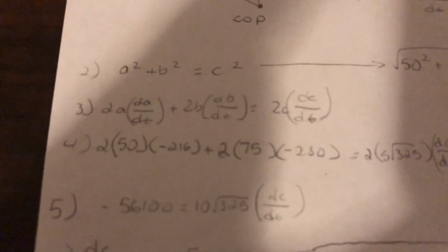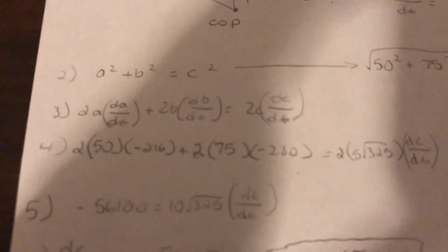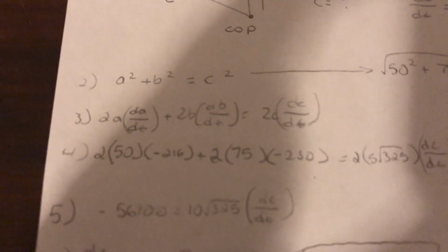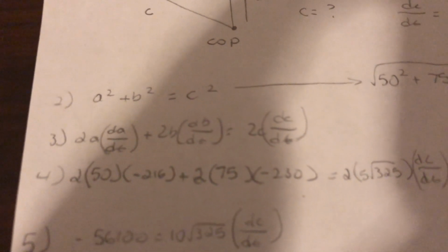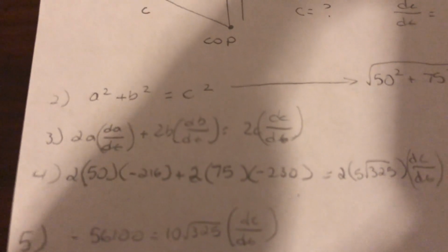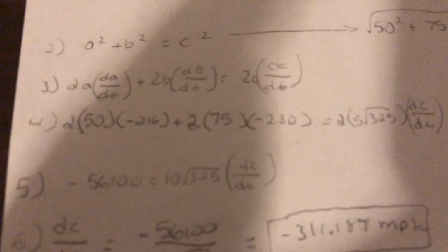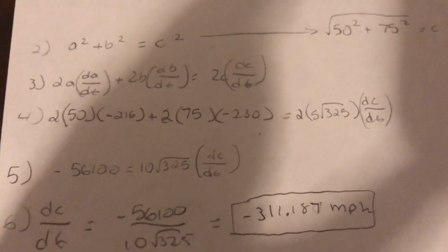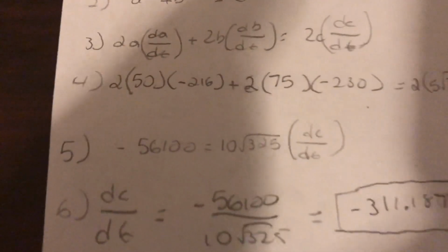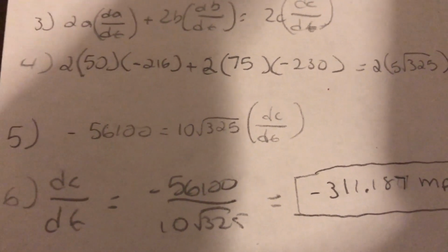So then we move on over here, and as you can see, I derived the equation. So what we have is 2a times dA over dt plus 2b times dB over dt is equal to 2c times dC over dt. When you plug everything in and enter that into your calculator, you get negative 56,100 is equal to 10 times root 325 times dC over dt.